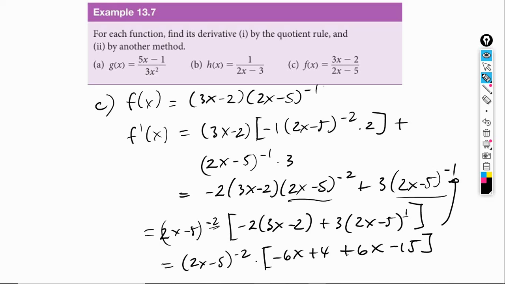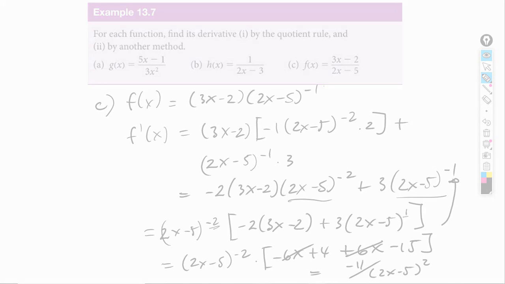So notice that this will cancel out, and this is equal to negative 11. So we're left with the same expression again, which is negative 11 over 2x minus 5 squared. So we get very well.